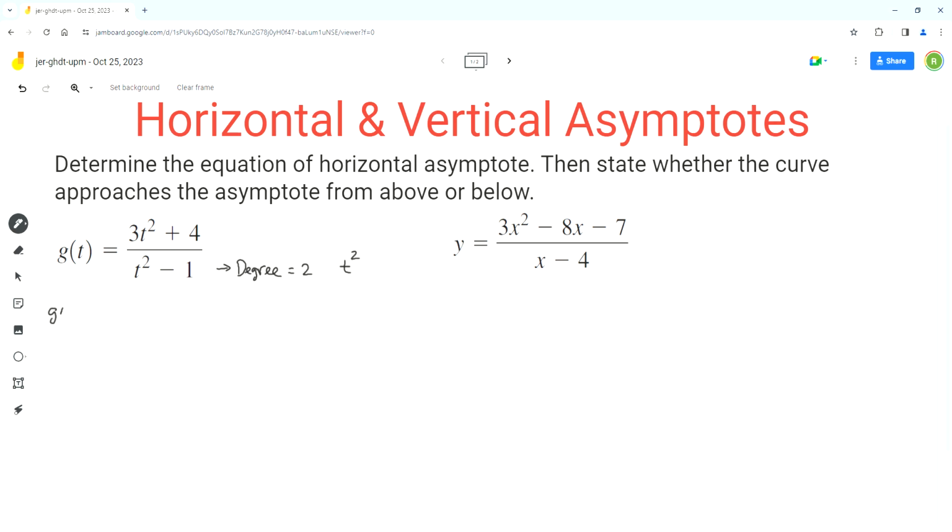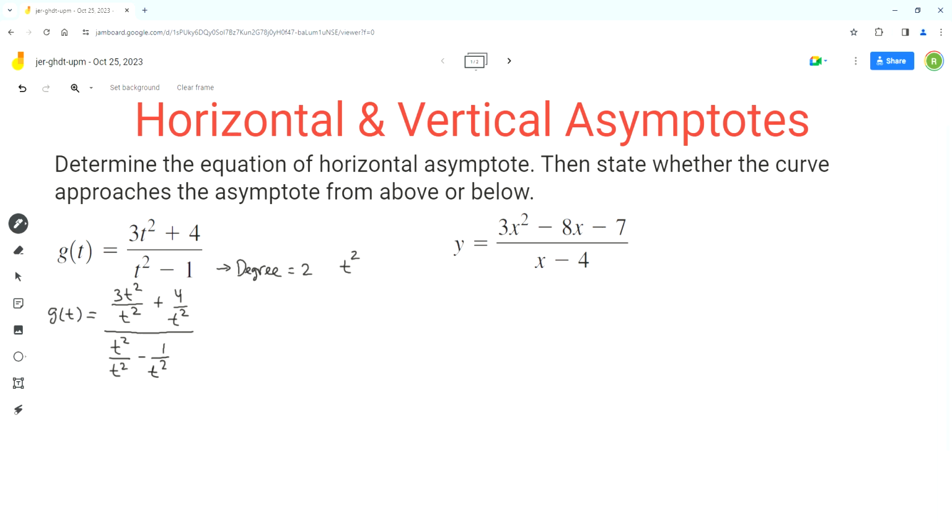So we get g at t equals, in the numerator, 3t squared over t squared plus 4 over t squared, divided by t squared over t squared minus 1 over t squared.